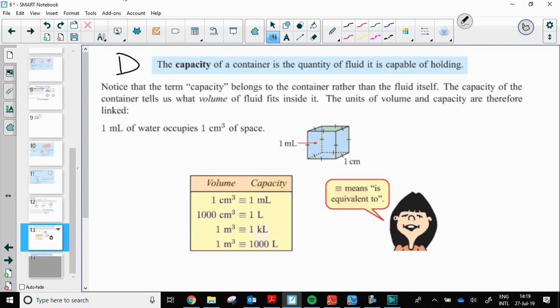So, you know, when you go out and you purchase a gallon of milk, it's true that you're purchasing a gallon of milk. It's not true that you're purchasing a gallon bottle of milk, or you can't purchase a liter bottle of soda. You can purchase a bottle which has a volume of 1,000 cubic centimeters, or you can purchase a liter of soda.